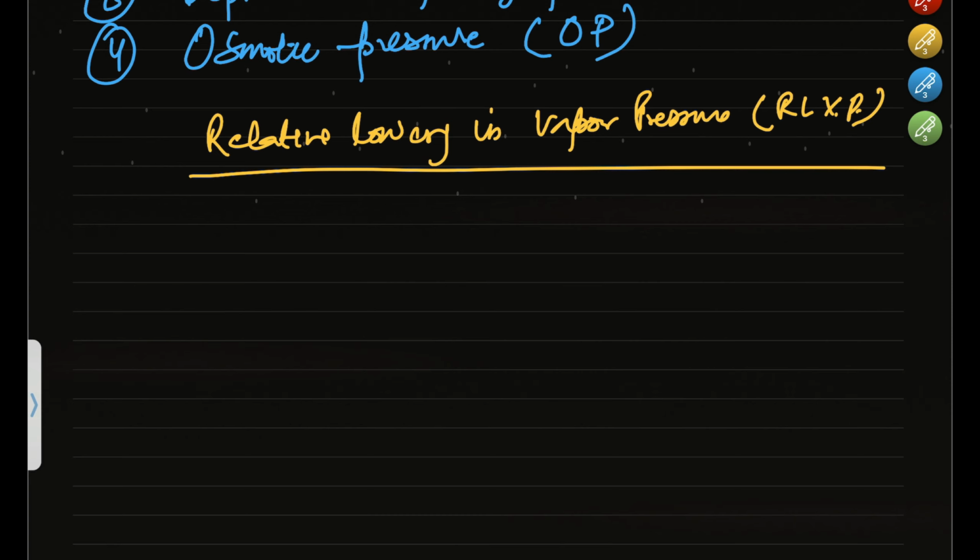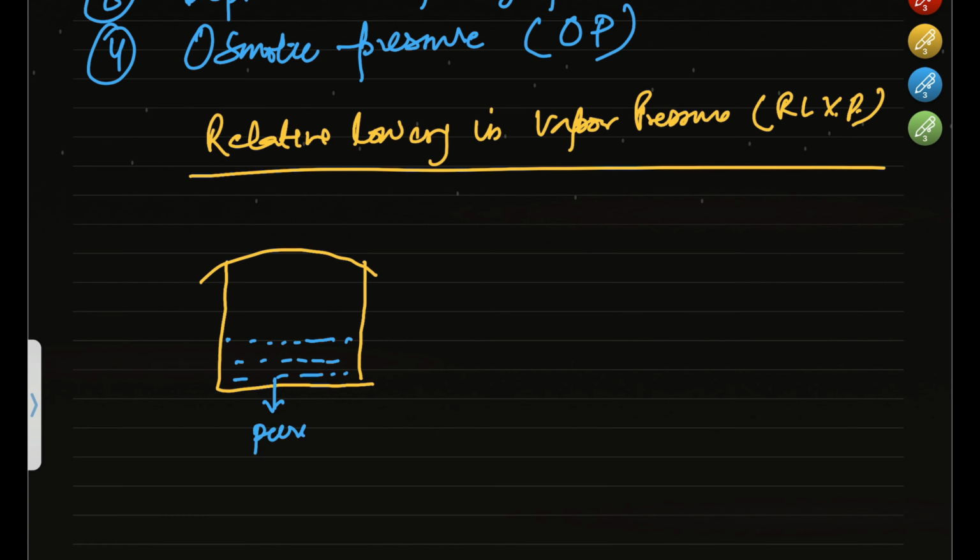In the first closed vessel we take a pure solvent. This vessel contains a pure solvent. Okay. Another vessel contains a solution of this solvent, a non-volatile solute dissolved in the solvent.